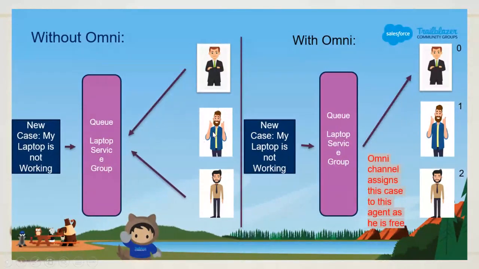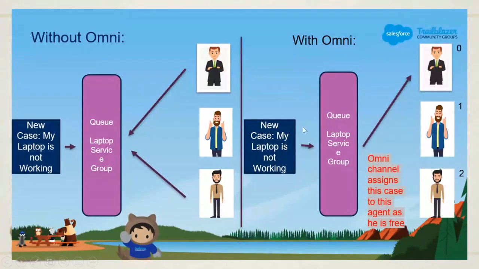This person will say, no, I want to rest, I don't want to take any issues. Another person will say, okay, I don't have any items, so let me take this issue. That will create chaos and there will be no customer satisfaction because the case ending will take a lot of time. So this is why there is omni-channel in our org.